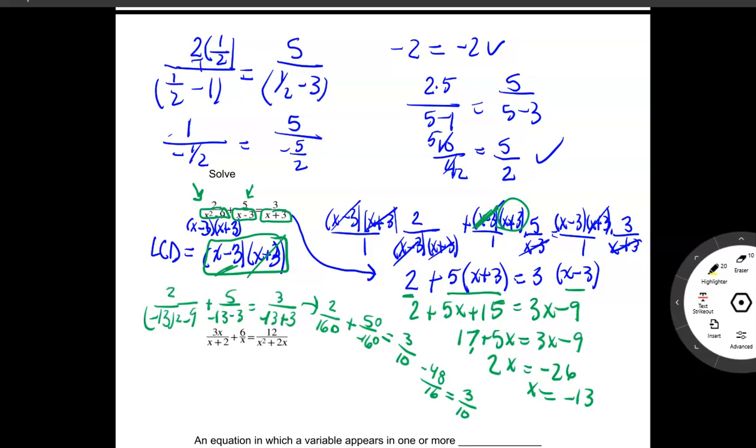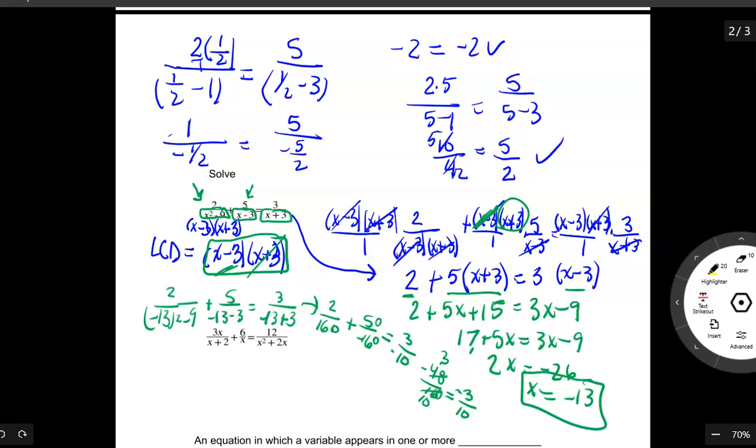And that should have been a negative 10 down here in the denominator, so this is negative as well. And yes, that will reduce. If I divide by 16, that becomes a 10, and this becomes a 3. So yes, it works. So our answer is negative 13.